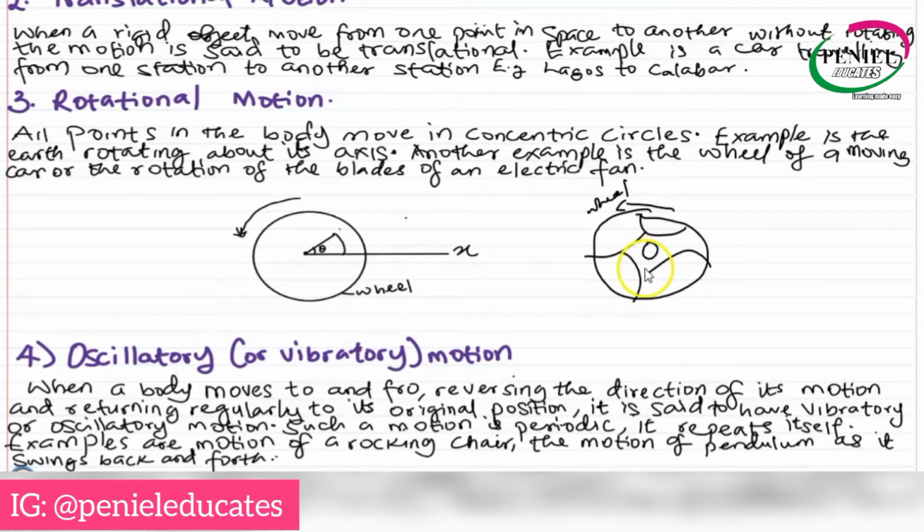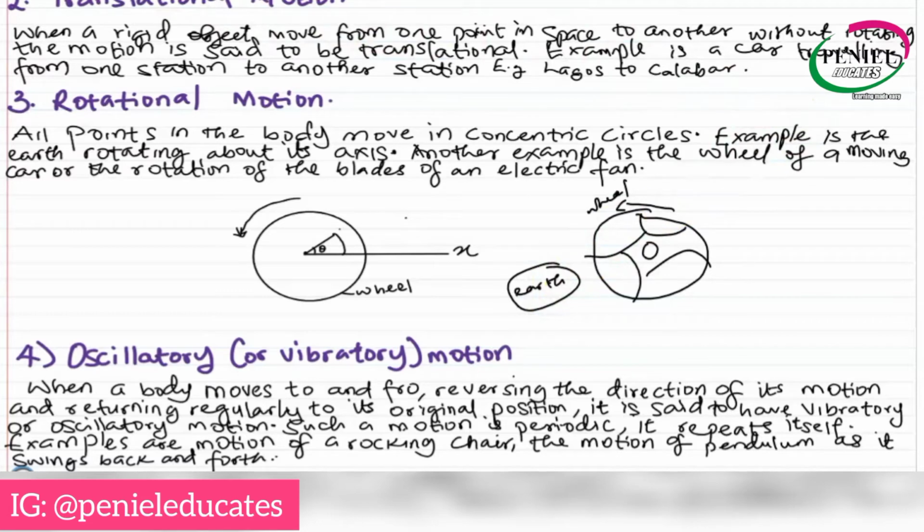The center of these circles is called the axis of rotation. Another example of rotational motion is the earth rotating about its axis. We know that the earth rotates about its axis.